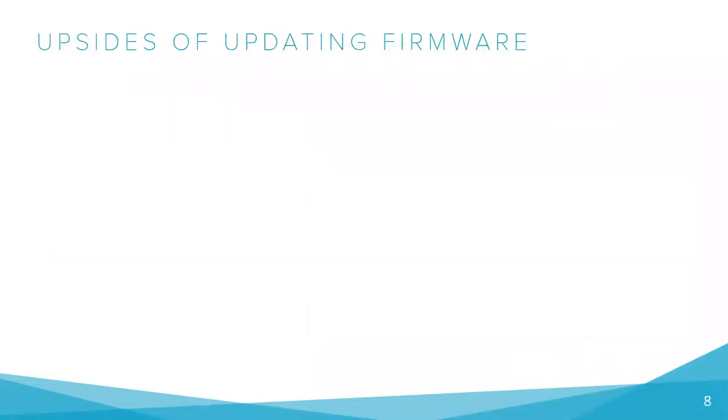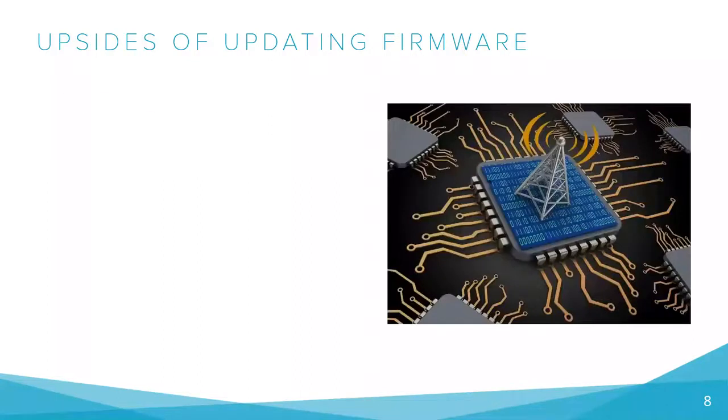But when we are updating our firmware, there are some upsides when we install the most recent firmware on our device. So let's look at what the upsides of updating the firmware are. A firmware update will upgrade your device with advanced operational instructions without needing any upgrade in the hardware.